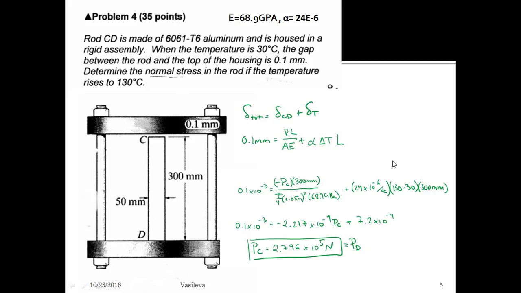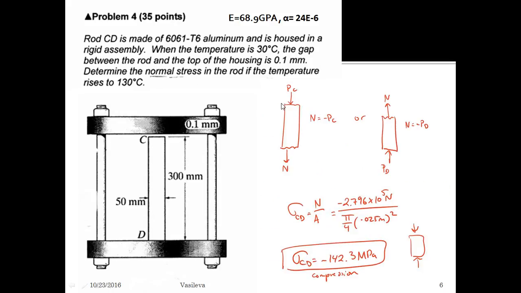Pretty straightforward. And from there on, we want to find now the normal stress. So once again, I redraw my rod, I cut it, and I end up with my normal force equals negative PC. And if you remember, normal stress equals force divided by area.